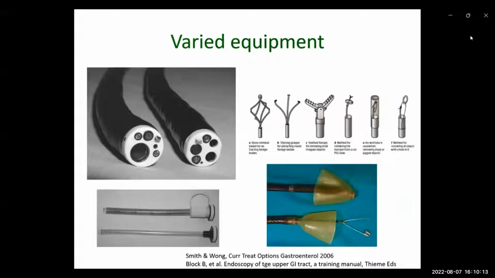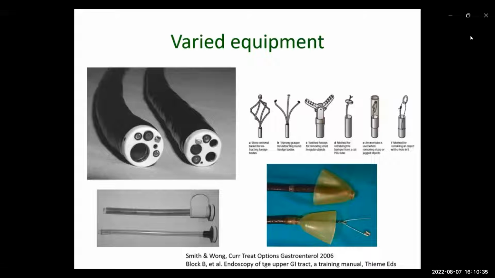Baskets with 3, 4, or 6 wires, such as the Dormia basket, can be used for round foreign bodies. Standard polypectomy snares and retrieval nets are also used and widely available.